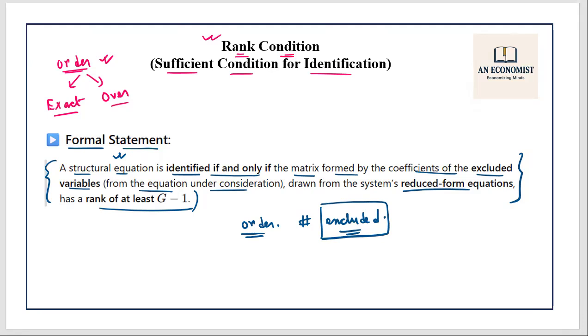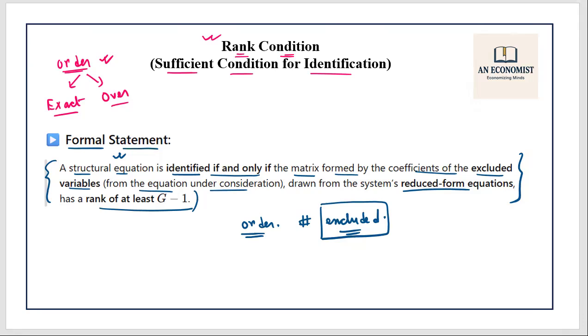Excluded means they will serve as an instrument. They will serve as a shifter. If you remember the diagrammatic explanation I gave in some video, I showed you how this shifting takes place in the demand supply scenario, right? We are doing the exact similar thing, but now it is in a mathematical formulation.